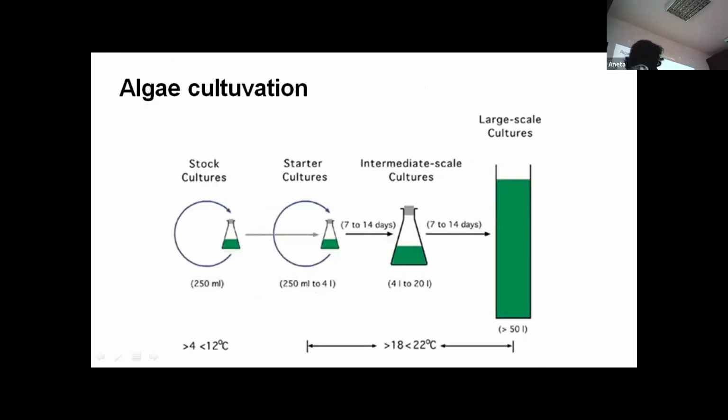This is something we will find in all guides. This is how to start algae cultivation from a clear monoculture. Then we use a starter culture, after that an intermediate scale, and larger volumes.